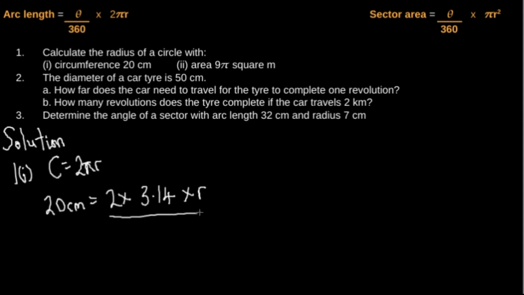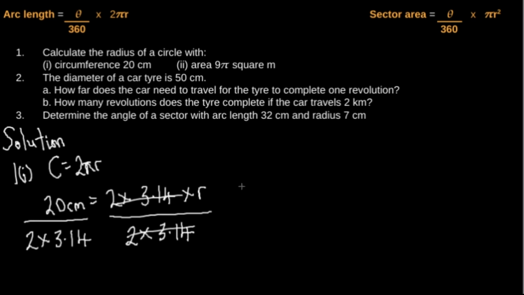So we divide all of this by 2 times 3.14. And whatever we do on one side of the equation, we have to do on the other side so that the equation will be balanced. So we do the same thing here, 2 times 3.14.